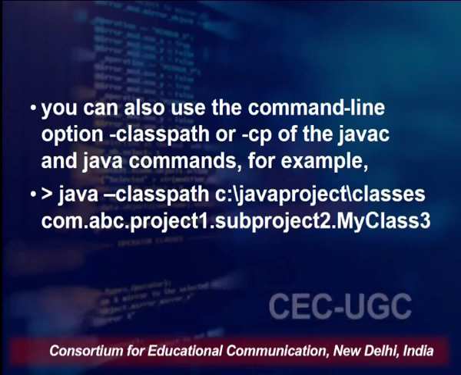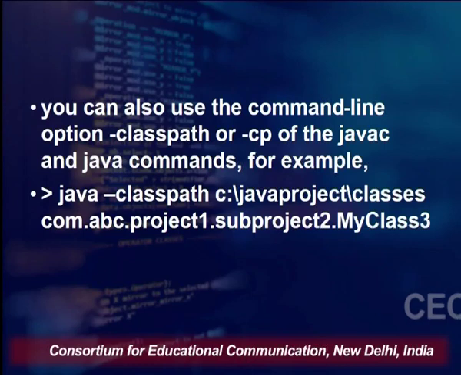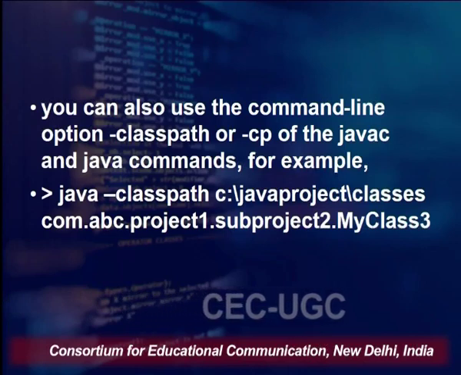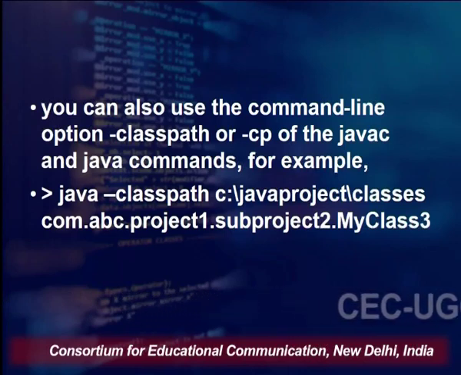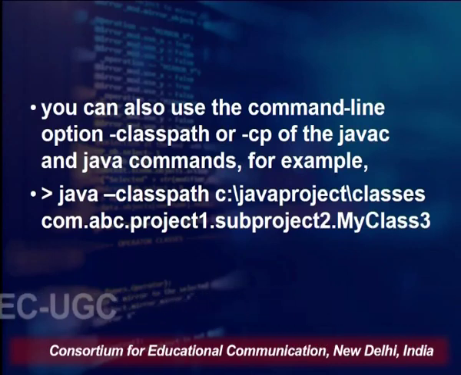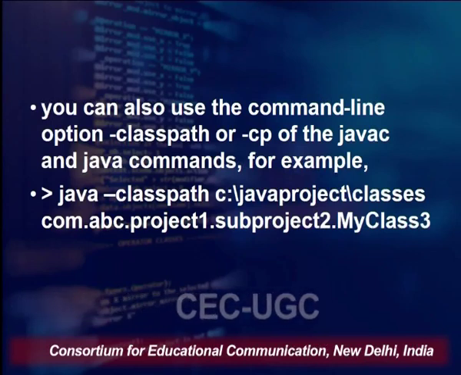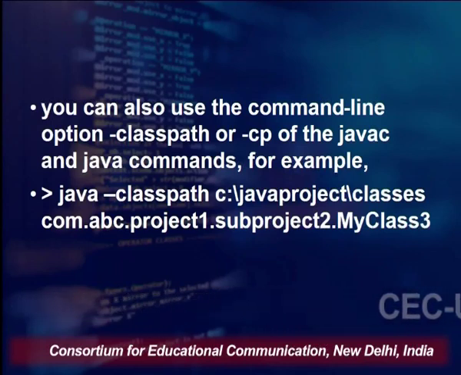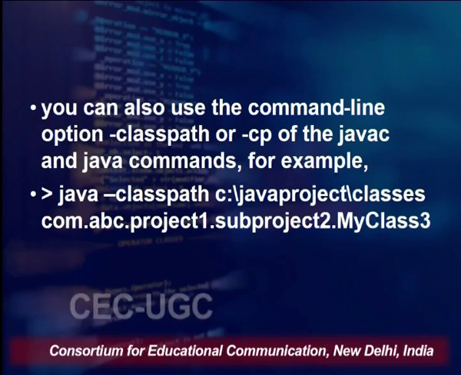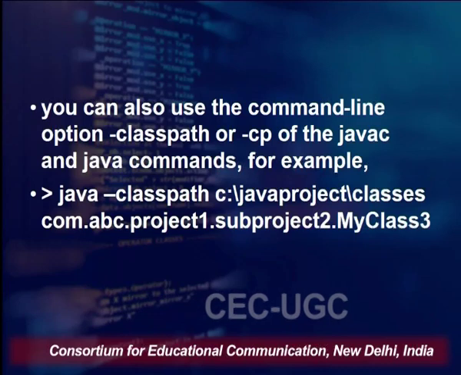So, for example, we can say java -classpath, give the class path, and then write the name of the class to be executed, which is my class 3. So, we can say java -classpath C drive Java project classes com.abc.project1.subproject.my class 3.